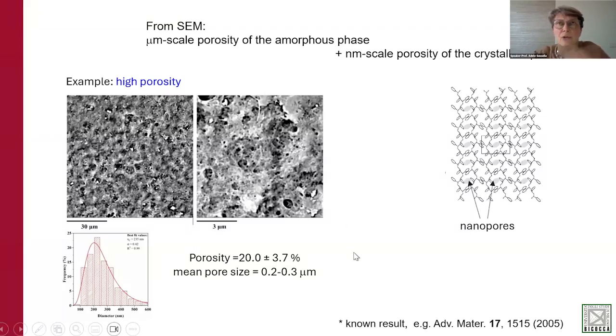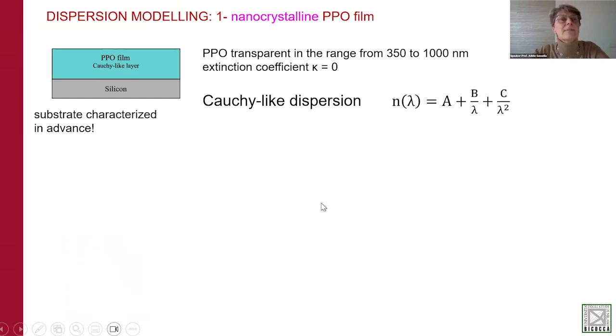So we have two phases, amorphous and crystalline, with two types of porosity. So we started from the most crystalline one, the nanocrystalline sample, which is not completely crystalline, but does not have the macro porosity, not detectable at least.